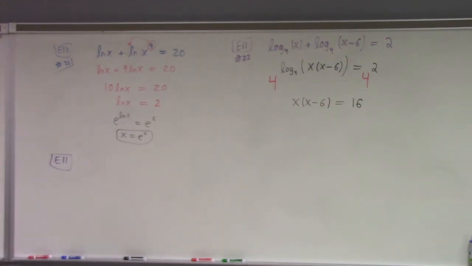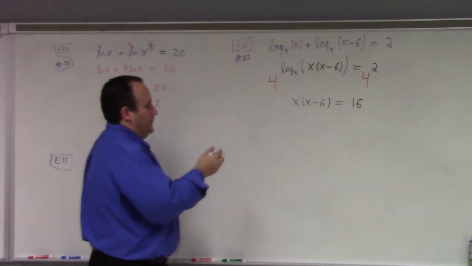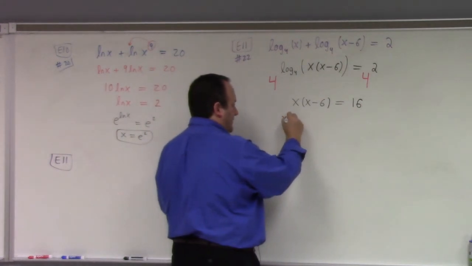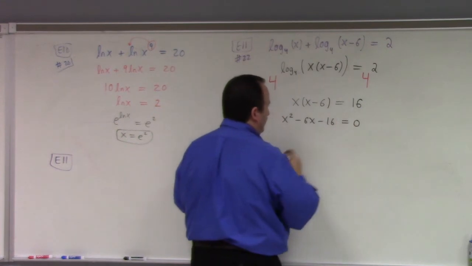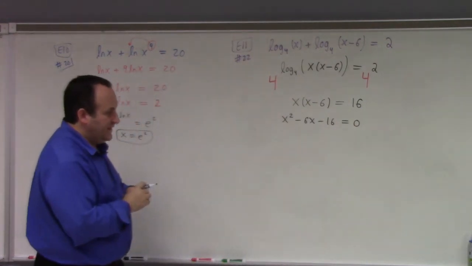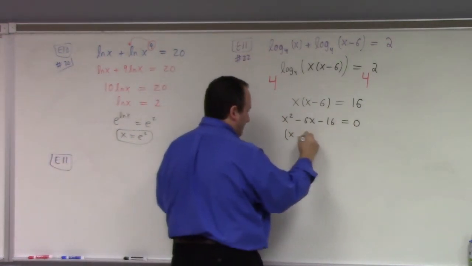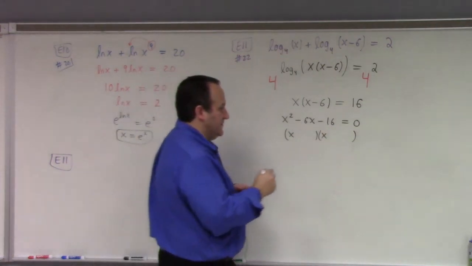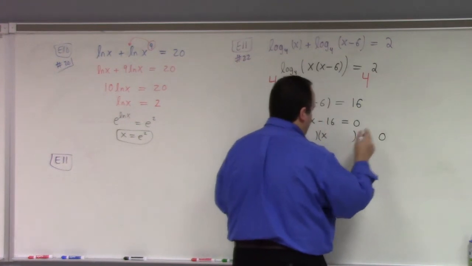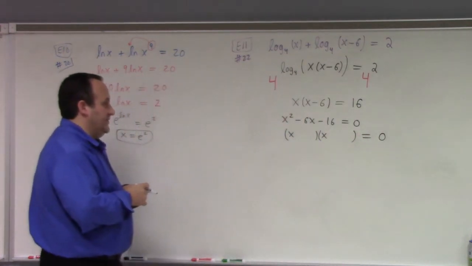Up till now, whenever we've done this kind of step, we've found ourselves with a linear equation, right? Which was like, oh, okay, we can solve those. Well, now we've got a quadratic equation. We can solve this, yeah? But let's do it right. So this is x squared minus 6x minus 16 equals 0, which I think we can factor. Usually these book problems come out so they factor real nice and pretty in this part because they don't want to make you think too hard.